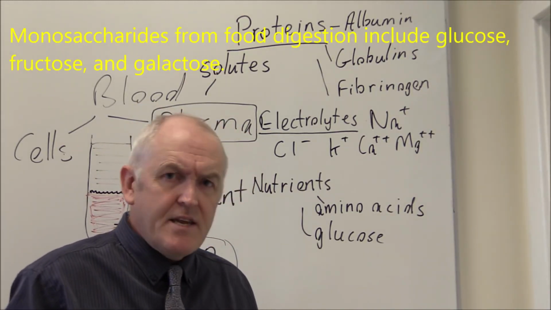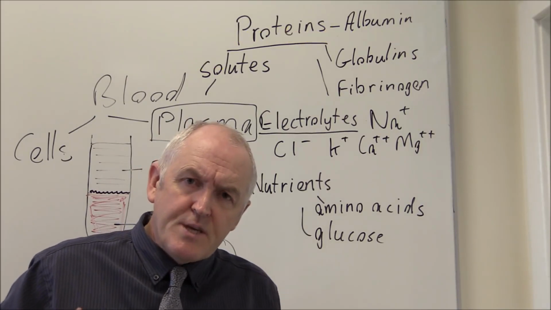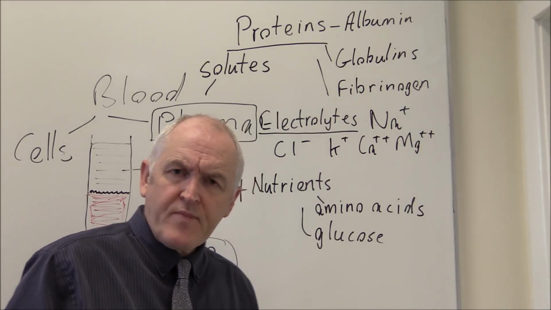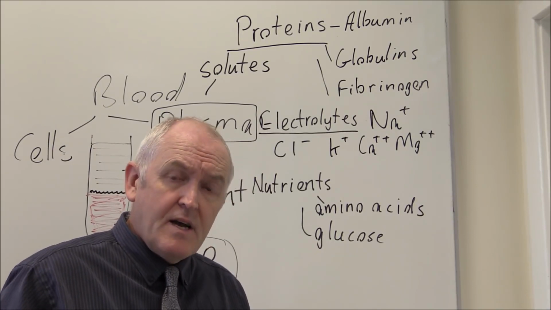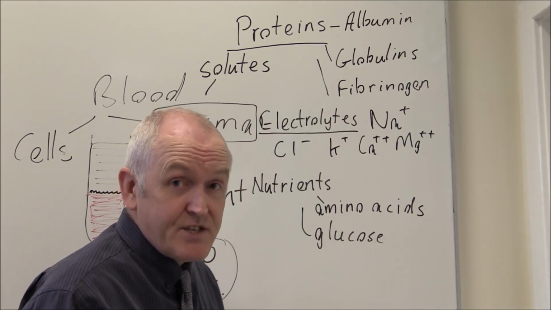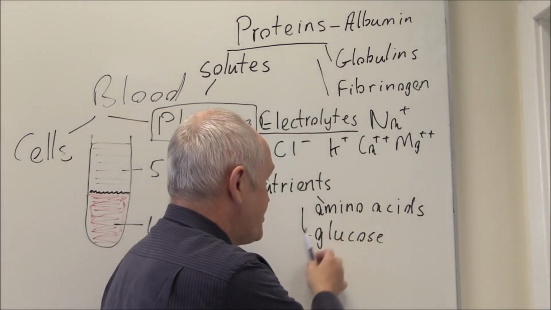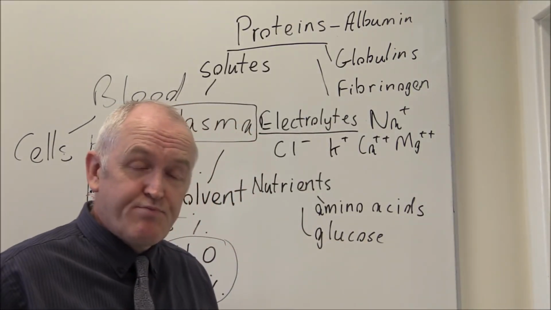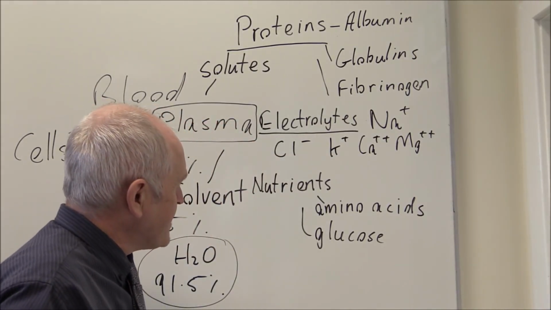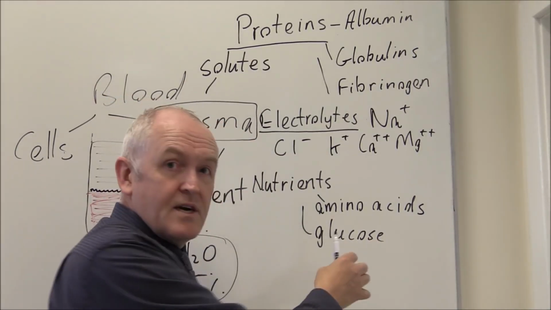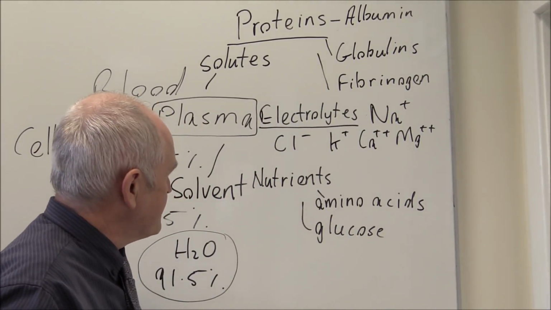And this is because any other monosaccharides that are present in the diet are going to be absorbed into the gut, go directly to the liver in the hepatic portal vein, and the first time that blood passes through the liver will convert any other sugars present into its preferred sugar, which is glucose. So when we talk about blood sugar, we're always talking about blood glucose levels.